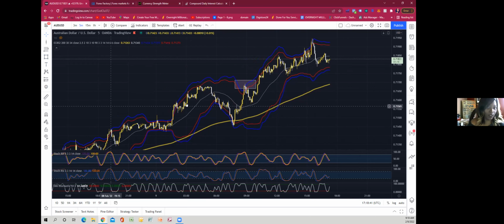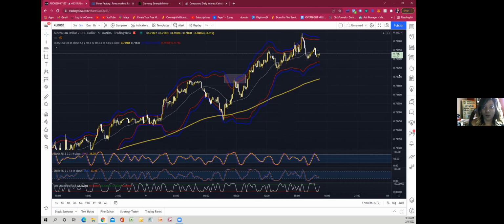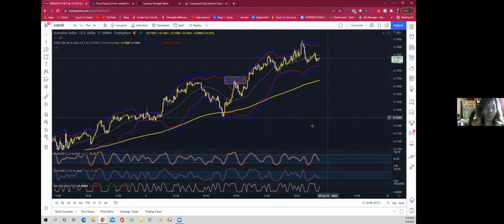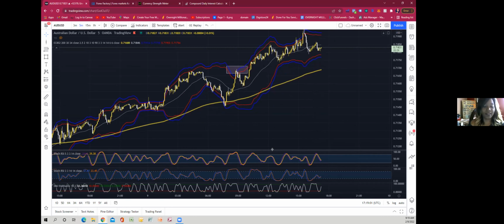We want to look for oversold conditions. Sorry, overbought conditions. Overbought is going up. We want to see it touching either the first or the second Bollinger Band. So this is alert number 1. This is when you say, hey, I need to take a look at this.